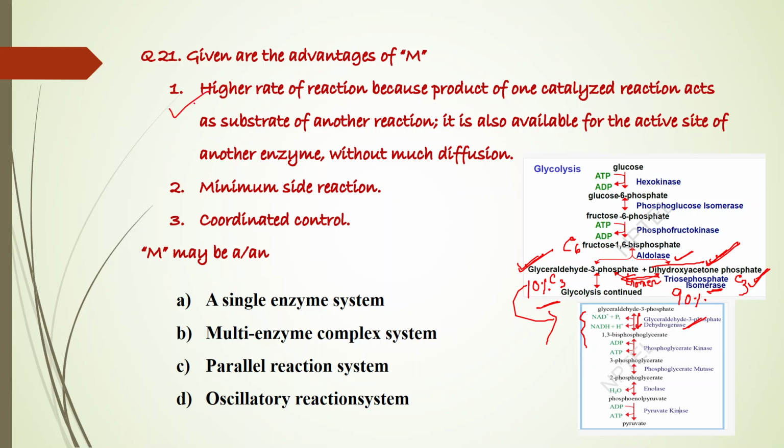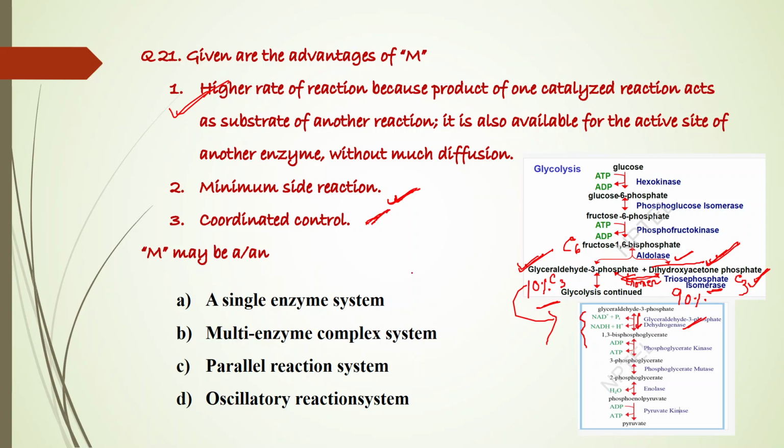So this happens because of the involvement of multiple enzymes. So what should be the correct option? If you know now already, and this is minimum side reaction, obviously because it generally involves enzymatic reaction. So you have minimal side reaction and you will have your coordinated control.